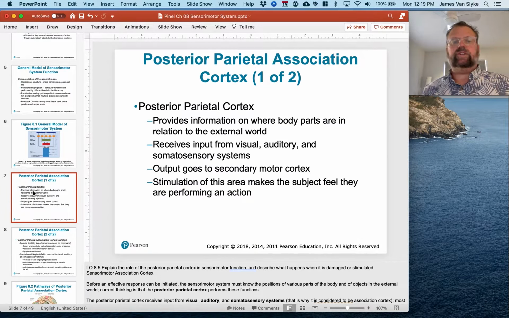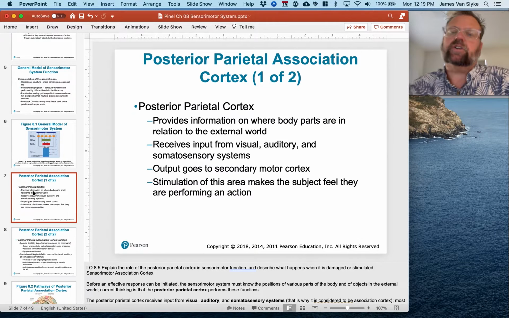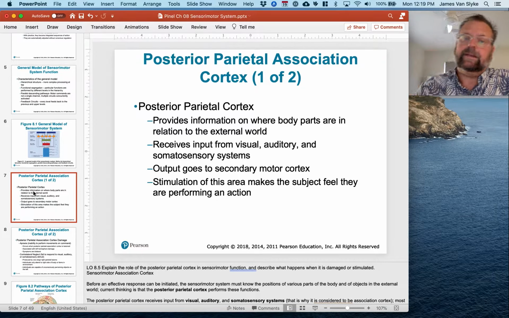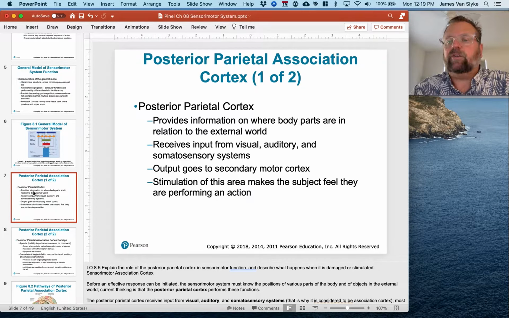Now, there are a few different areas of association cortex that we'll be talking about. The first area is the posterior parietal cortex. So remember that an association area of the cortex is basically where several different kinds of information are coming in at the same time.